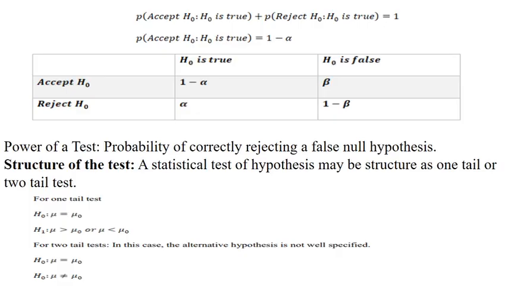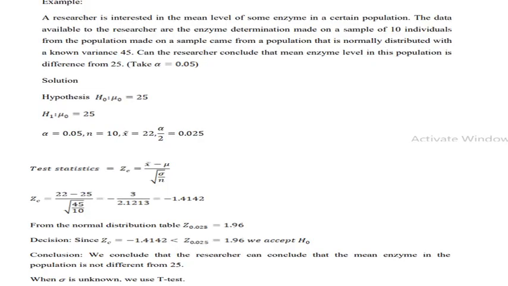We also have the two-tailed test. In this case, the alternative hypothesis is not well defined. Example: a researcher is interested in the mean level of some enzymes in a certain population.